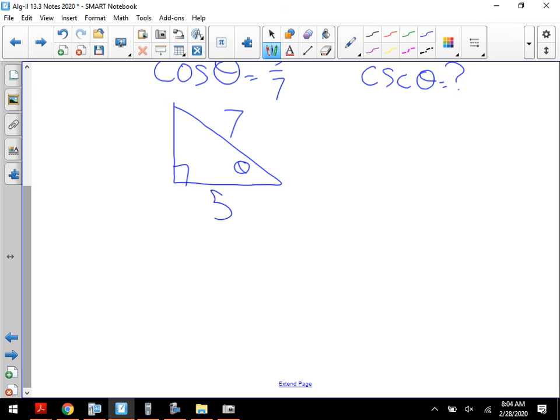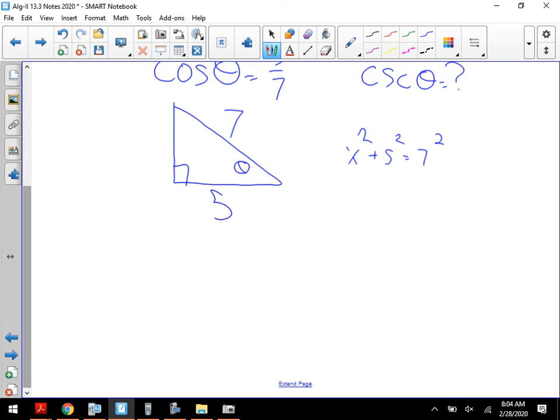So 5/7. If you know 2 sides of a right triangle, how do you find the third? Am I using any trig here? Am I using any buttons here? No. So that means something squared plus 5 squared is 7 squared. What's 7 squared?